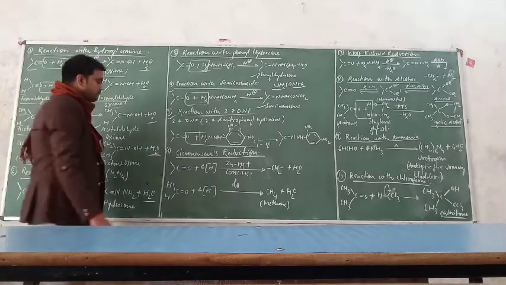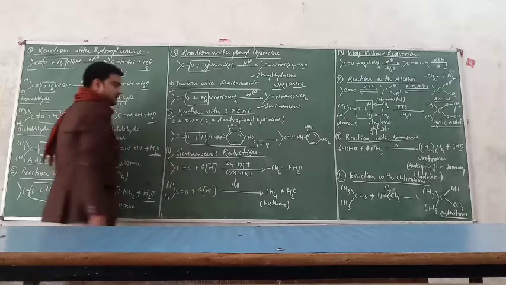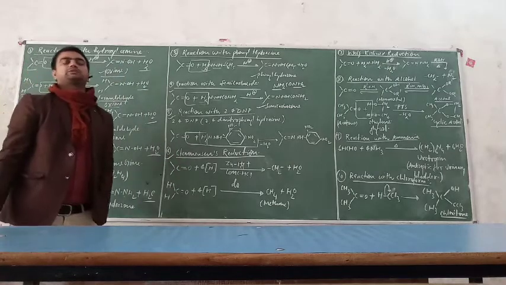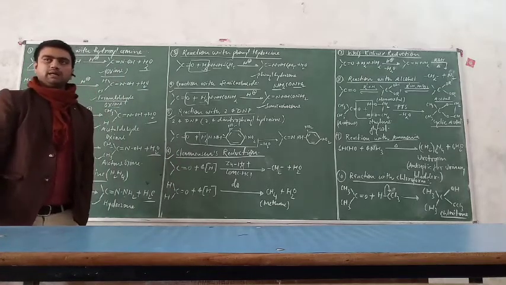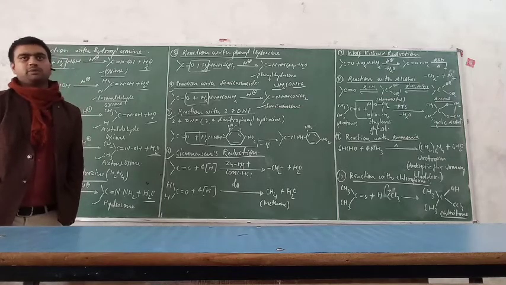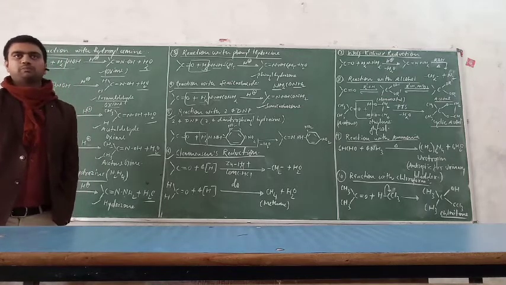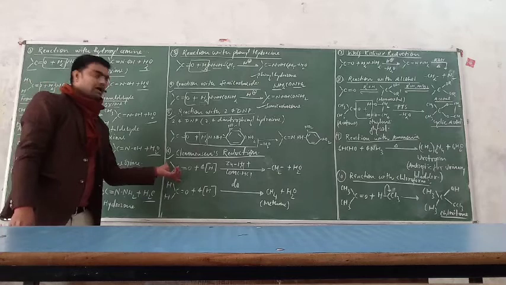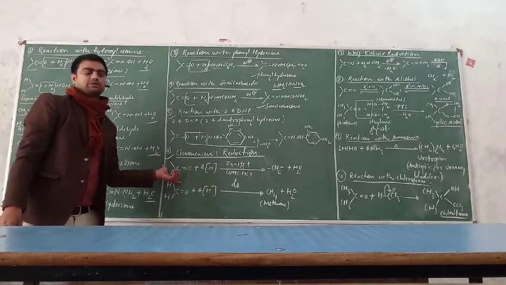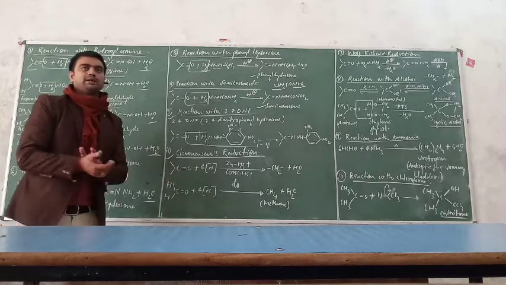Clear? Now I will talk about the Clemmensen reduction. This is a very important reduction or reaction. Clear? The question will be asked in the board, the class 12 board. So you can understand what the Clemmensen reduction is. You have to write the points in this case.